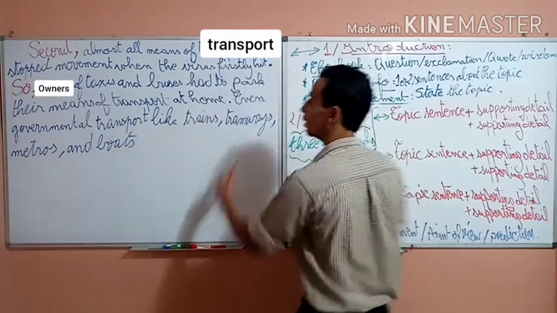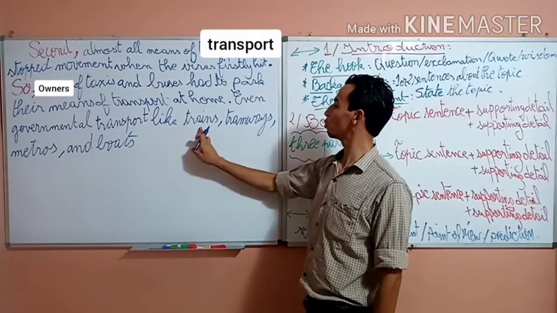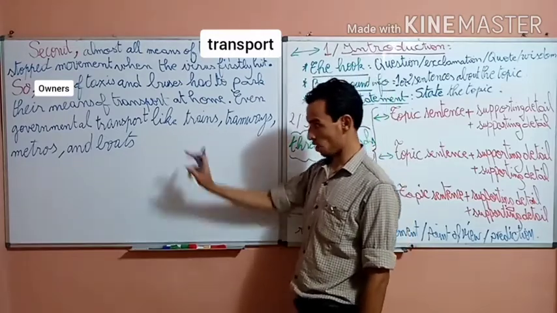So we have even governmental transport like trains, tramways, metros, and boats.